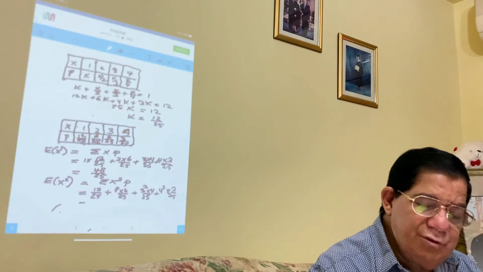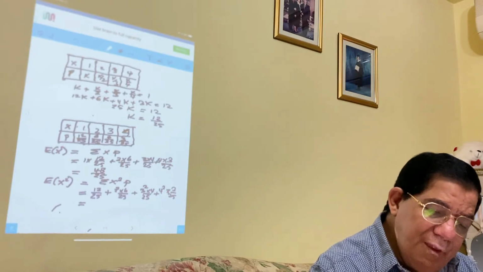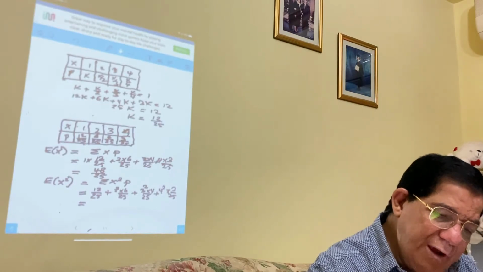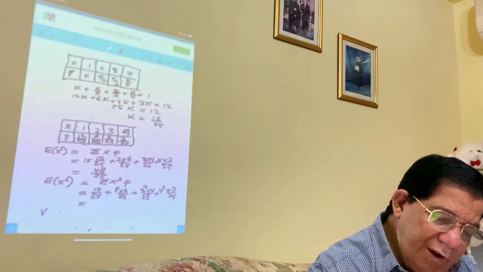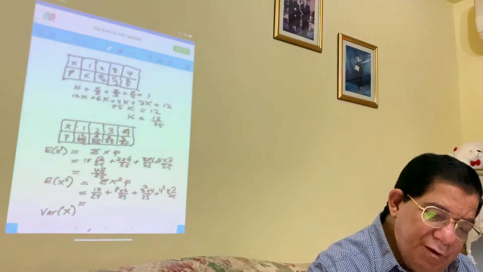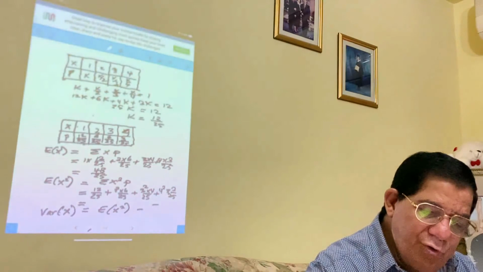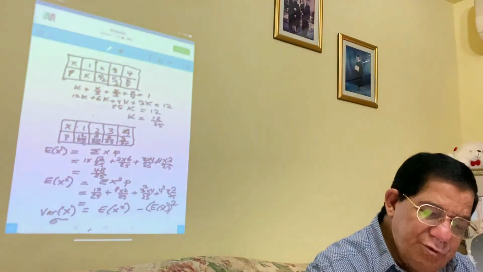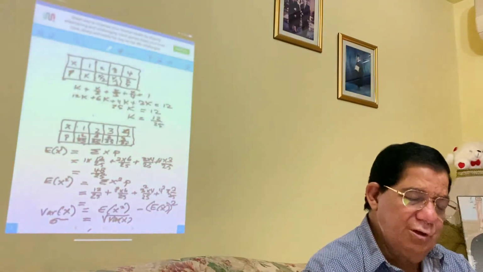We calculate this value and we get the value of E x squared. How to get then the variance of x? The variance of x would be E x squared minus the expectation of x all square. The standard deviation is the square root of variance of x. And this is everything that can be asked about the problem.